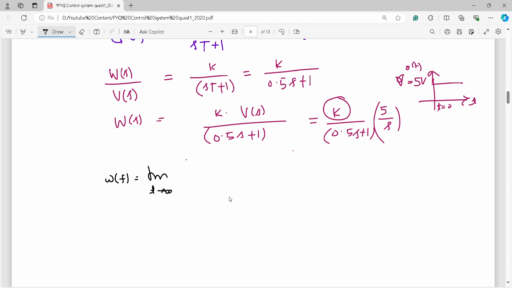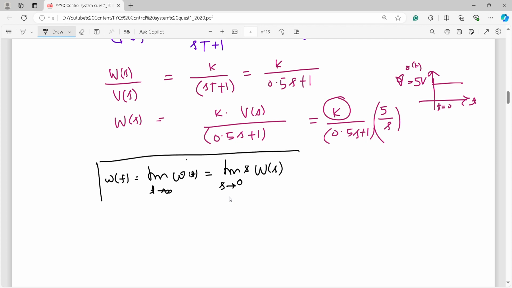Then omega(t) in terms of time we can find using the Laplace domain: lim s tends to 0 of s times capital Omega(s). So this expression is very important here, and we know the final value theorem has a limitation: it is only applicable for a left-half-plane stable system.